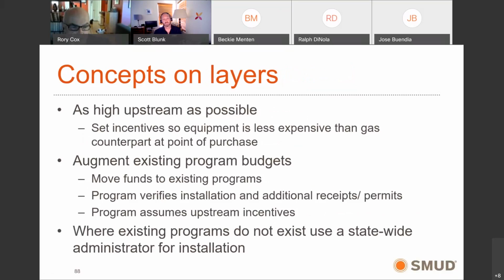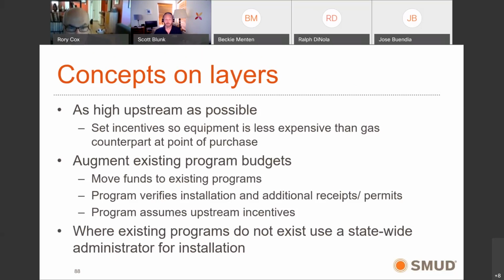And so really, as we layer this, ideally, and thinking back about how do we make this invisible to the customer, ideally it's going to be as high upstream as possible. Give the incentive to the manufacturer or buy it down at the manufacturer level so that when it comes into the state, it's already bought down.